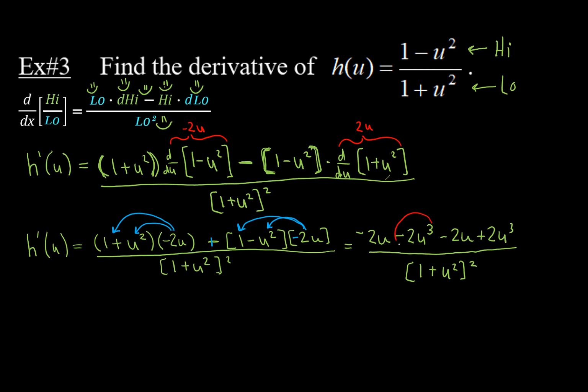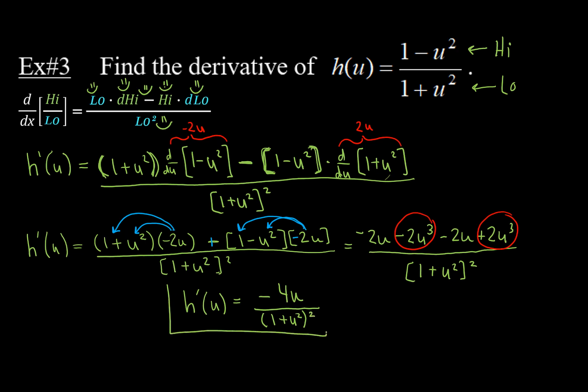Notice I can get some things to cancel. My negative 2u cubed and my positive 2u cubed will cancel each other out. And then I'm basically done. My derivative ends up being negative 4u on the top, and then 1 plus u squared to the power of 2 on the bottom.